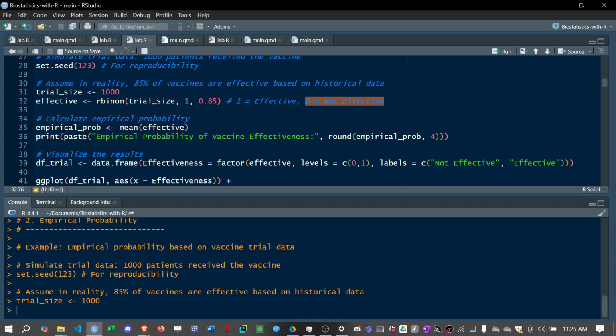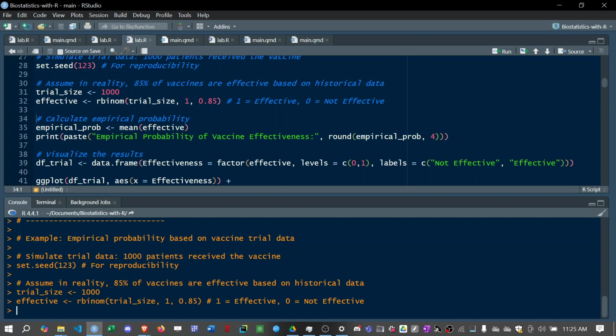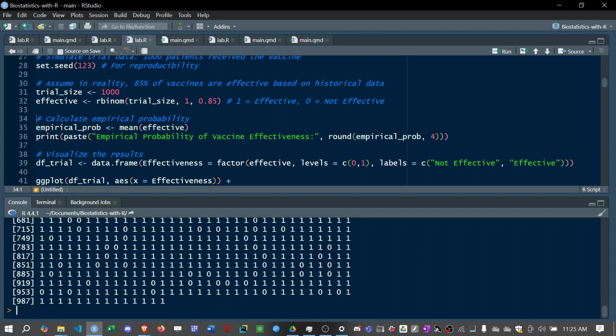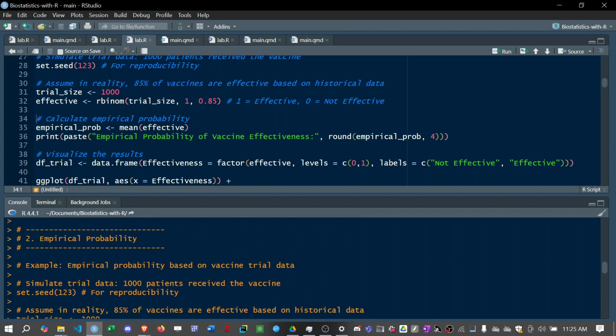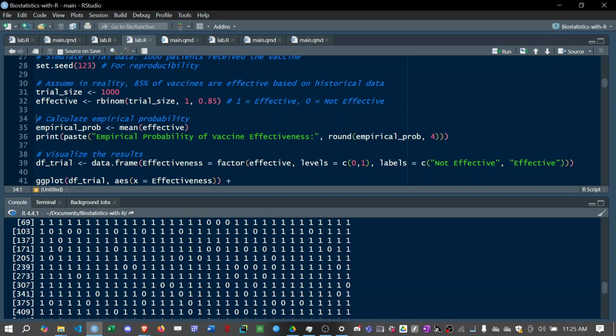This is the binomial distribution, and I'm going to explain that in the next section about the various distributions. When I call effective now, you see I have 1,000 observations whereby 85% of them were successful vaccines, denoted by 1. This is what I just did using rbinom.